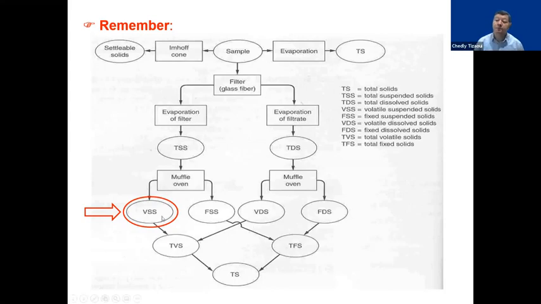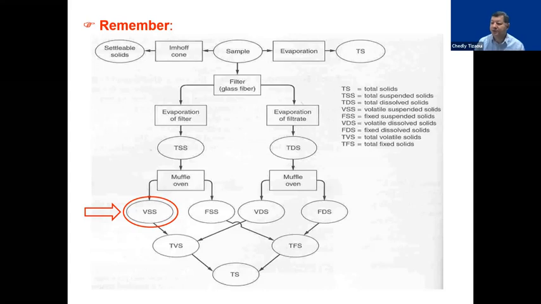And this is very important in terms of the significance of the value of VSS. So it's quite important when you characterize wastewater. VSS represents the amount of microorganisms to some extent in the wastewater, and it's been used to develop the equations for biological treatment that we use in the design processes.